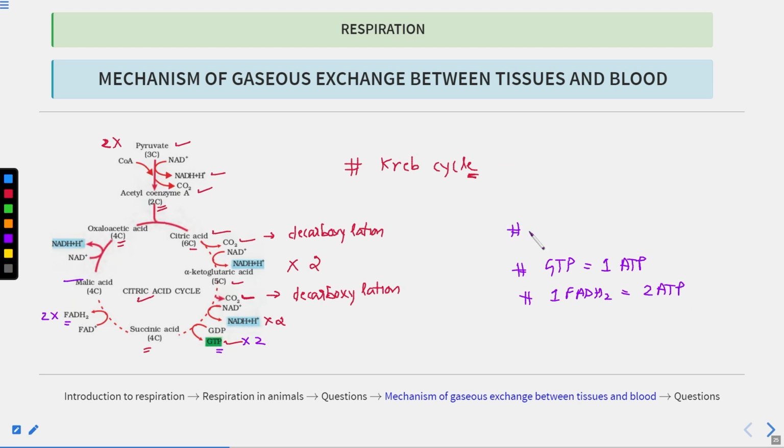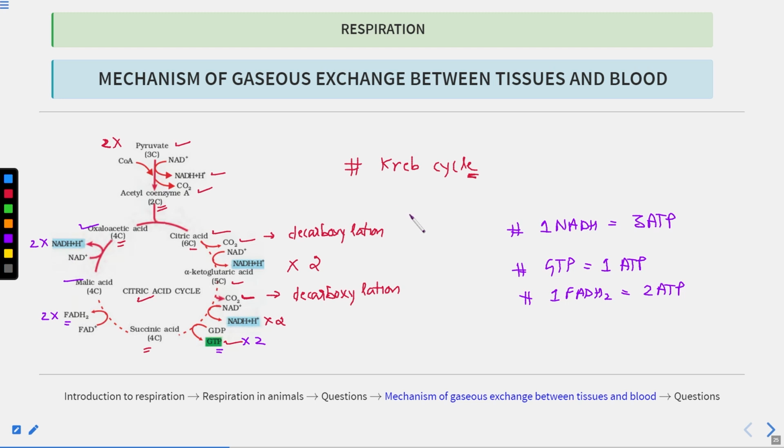And if we talk about NADH, 1 molecule of NADH generates 3 ATP. So this you have to remember. So finally malic acid is converted into oxaloacetic acid. Here also 2 molecules of NADH are produced.